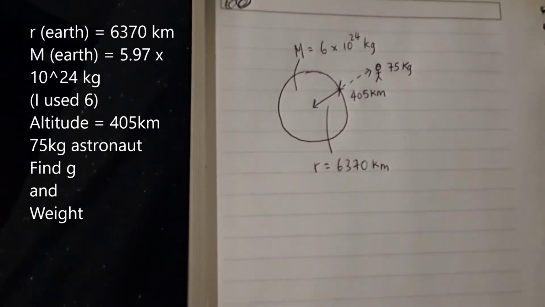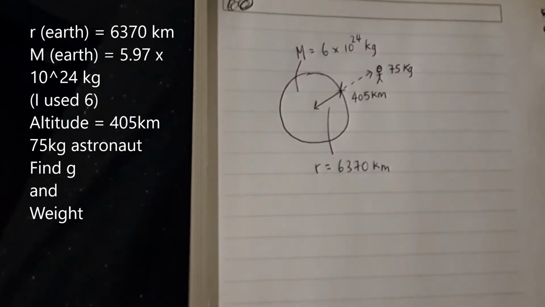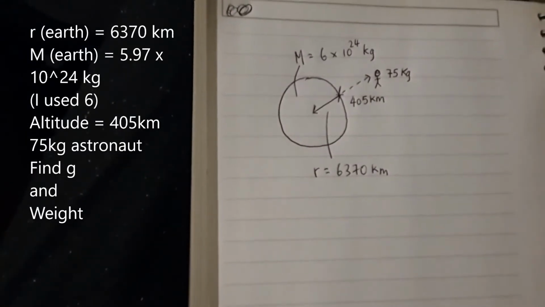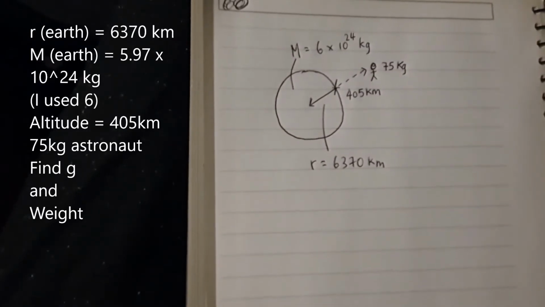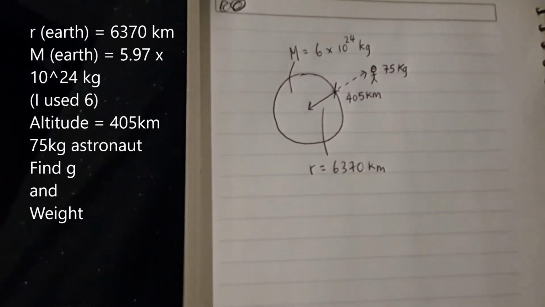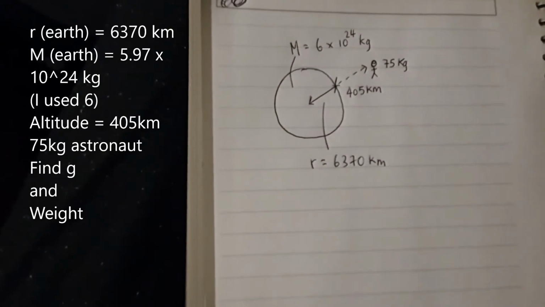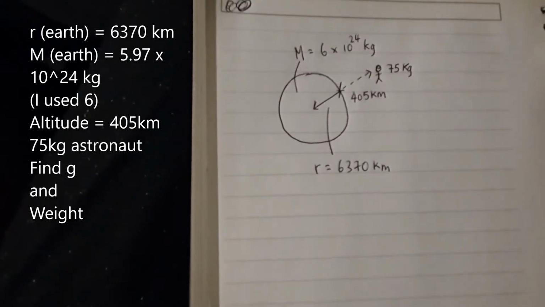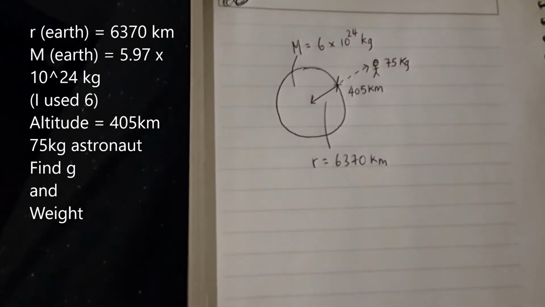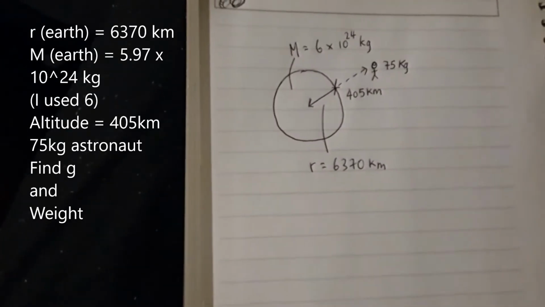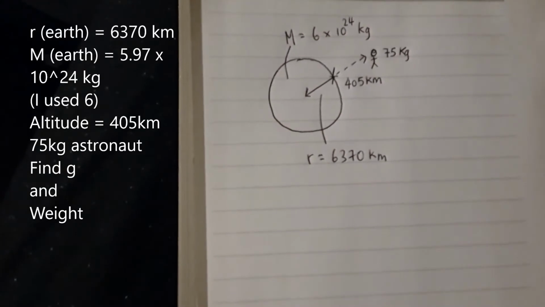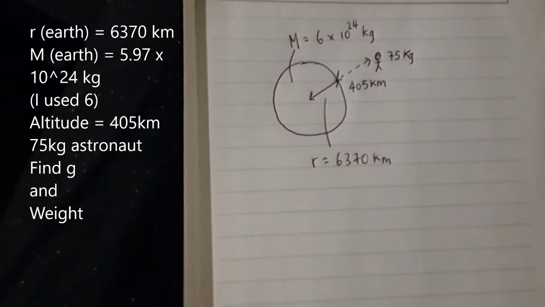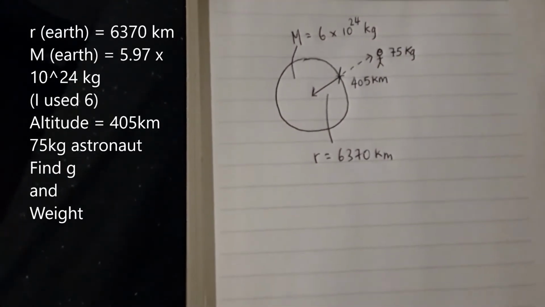A 75 kilogram astronaut in the International Space Station orbits at a height of 405 kilometers above the surface of the Earth. Calculate the magnitude of the gravitational field strength at this altitude and the magnitude of the weight of the astronaut. Now I have written 6 times 10 to the 24 kilograms, but in the book it does say 5.97.